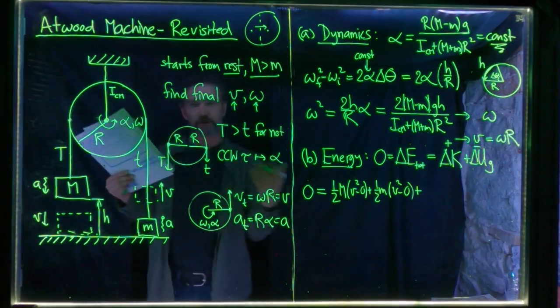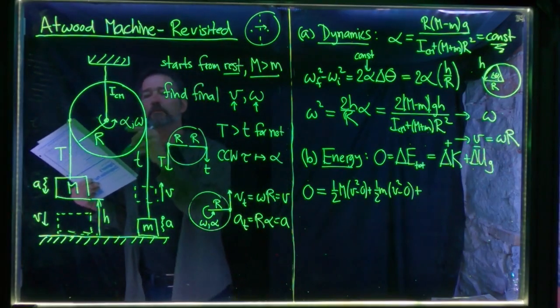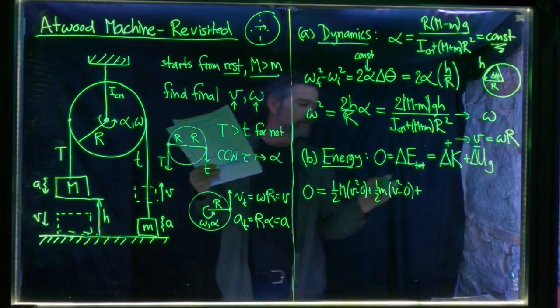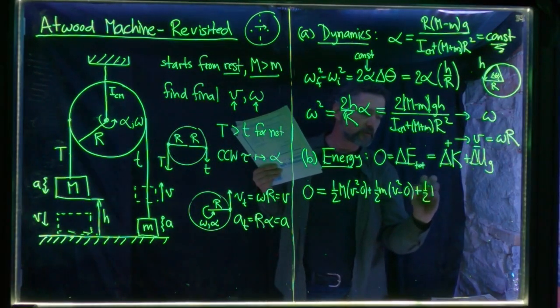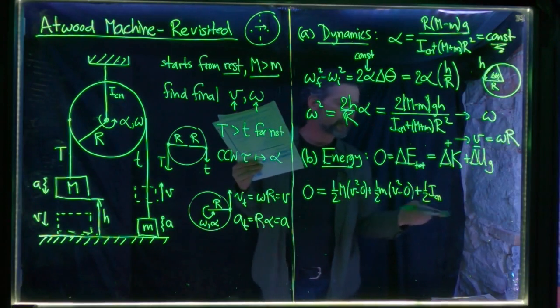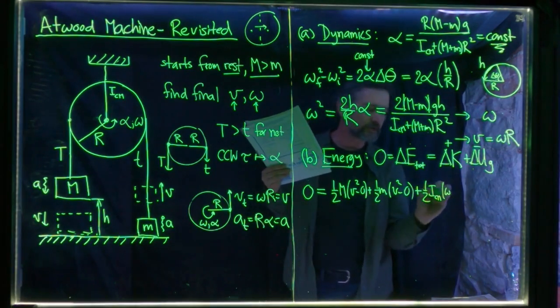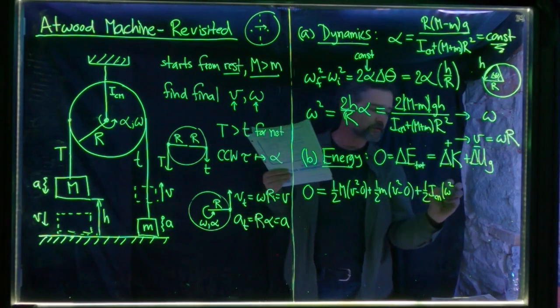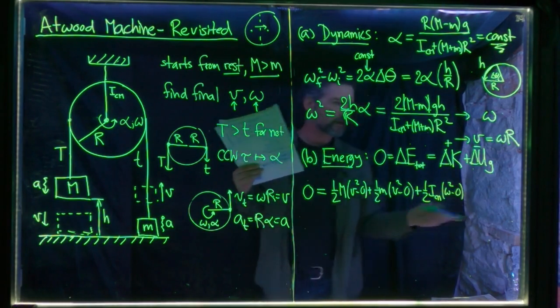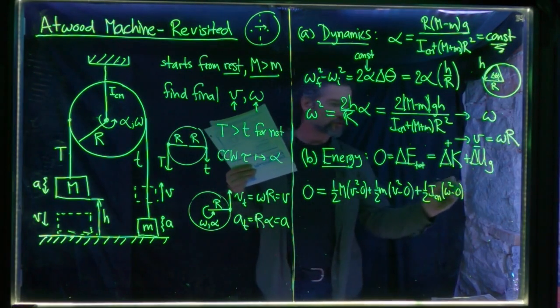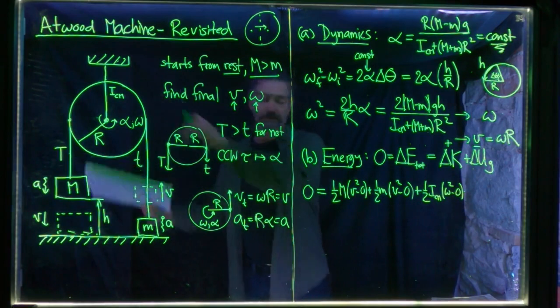Instead of 1/2 mv squared, it's 1/2 I_CM omega squared. So it's 1/2 I_CM times the final angular velocity squared, which we just called omega squared, minus 0. That's the change in the kinetic energy of the total system.